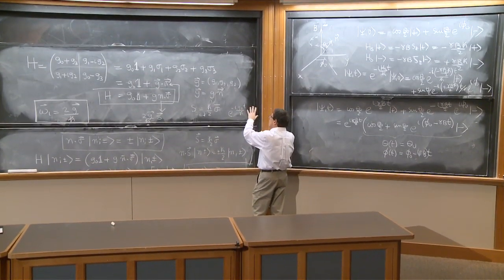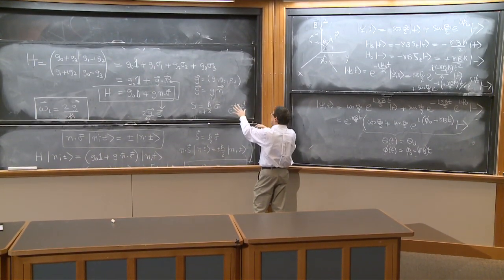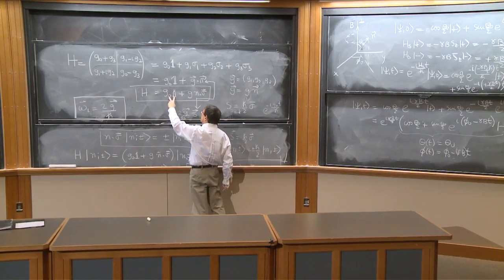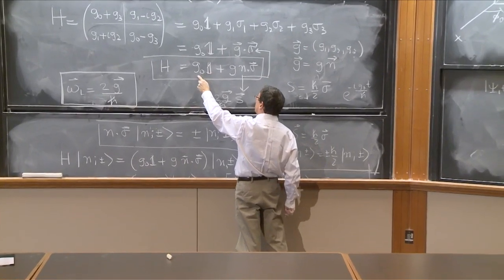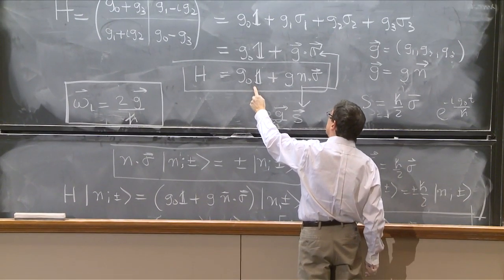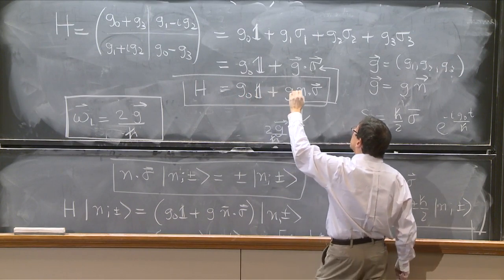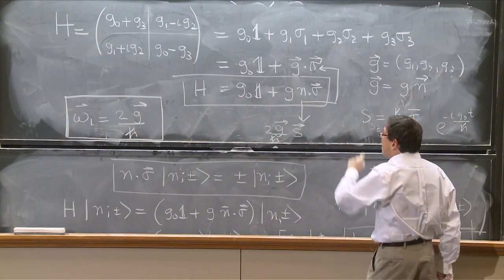It doesn't change the action on plus or minus states, it is an overall phase. This term in the Hamiltonian is almost never very important. It doesn't do anything to the physical states, it just gives them pure phases. And this other term is the thing that matters.